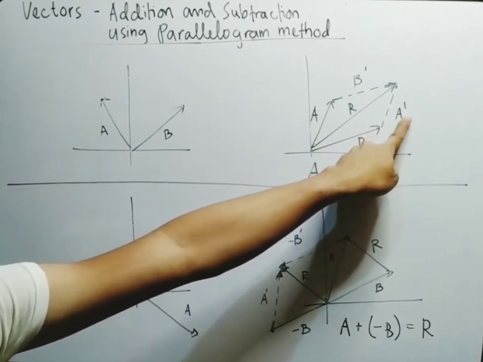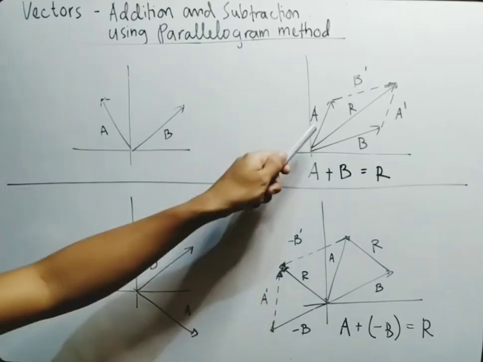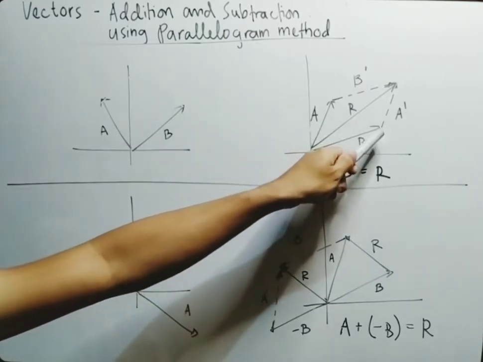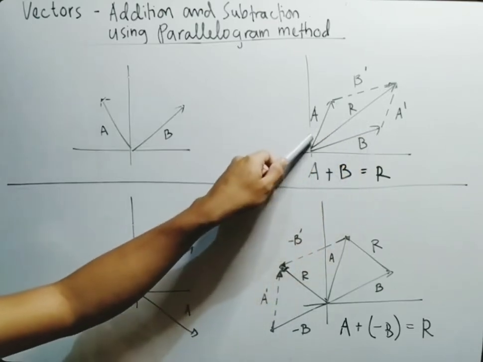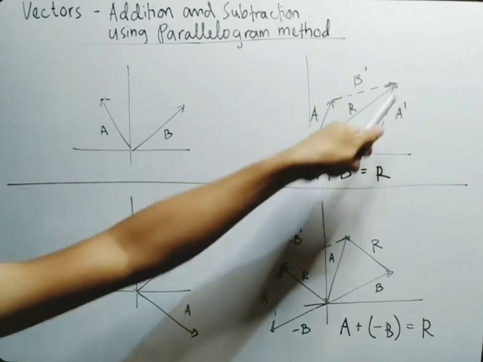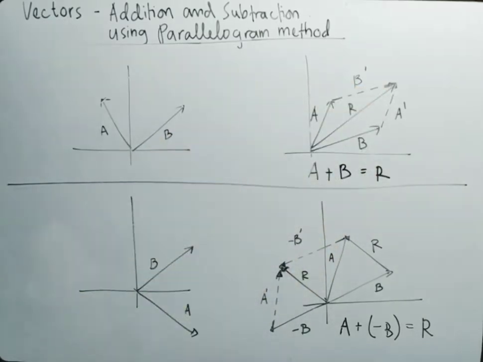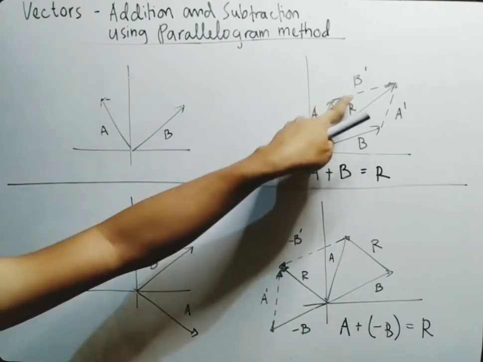Okay, so you are going to draw a parallel line to the arrowhead of B, and that will be the parallel line for the vector A. That has the same length and has the same direction. So it should be the same length. Next one is to draw a parallel line of B. Call it B prime.